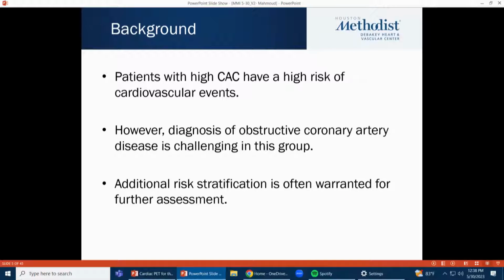Coronary artery calcium, I think this institution is very familiar with. It's a measure of the calcified coronary plaque burden in the coronary arteries, typically scored using the Agatston scoring method, and not only reflects the amount of calcified coronary plaque, but also correlates with total plaque burden, including calcified and non-calcified plaque.